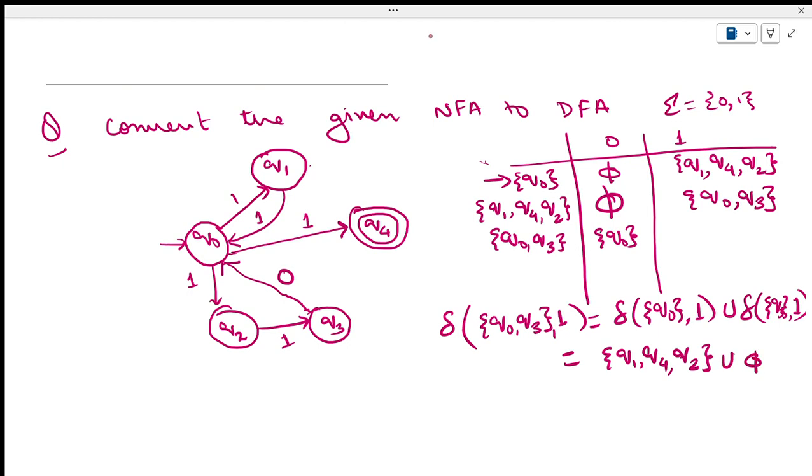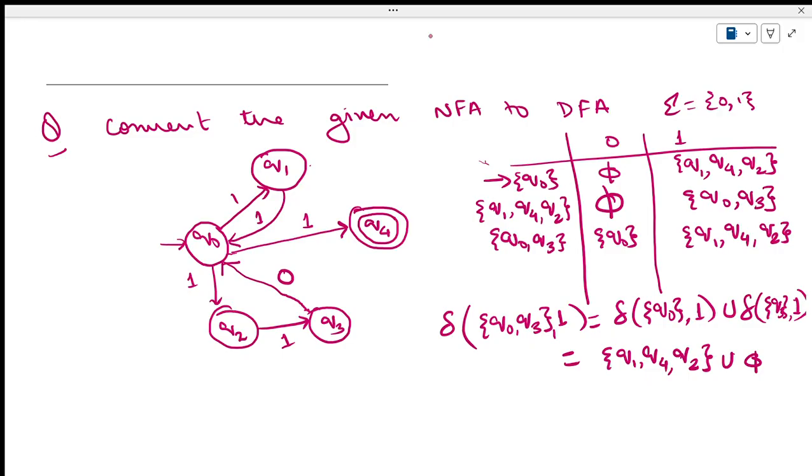So this is Q1, Q4, Q2. We can clearly see when we explore Q0, Q3 for symbols 0 and 1, we are getting the states Q0 and Q1, Q4, Q2, which we have already explored earlier.